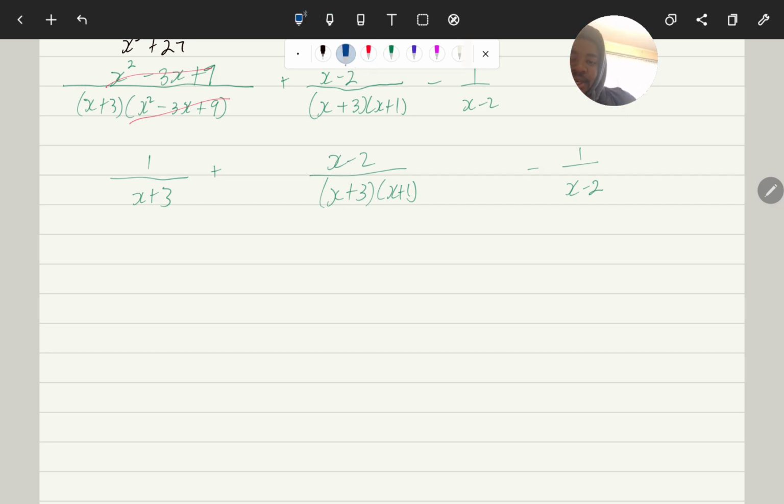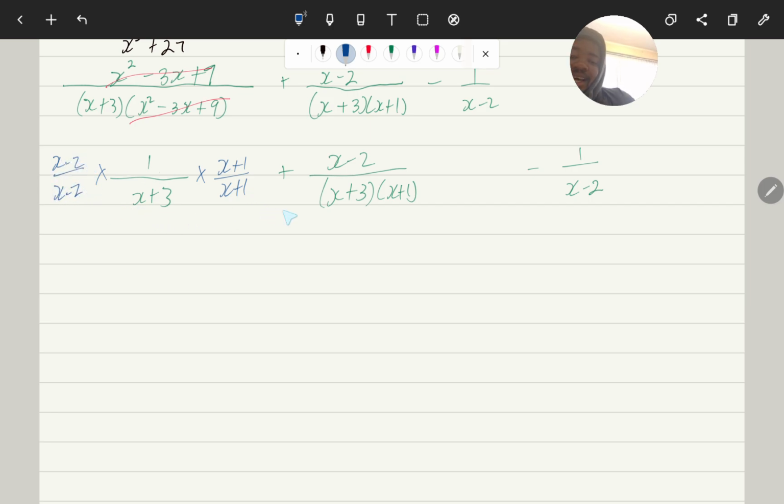So you see here we have x plus 3, which is here. We don't have this one, so we'll multiply by x plus 1 over x plus 1. Of course, you should have plus here, and then you also see we don't have this one, so this side also we multiply by x minus 2 over x minus 2.